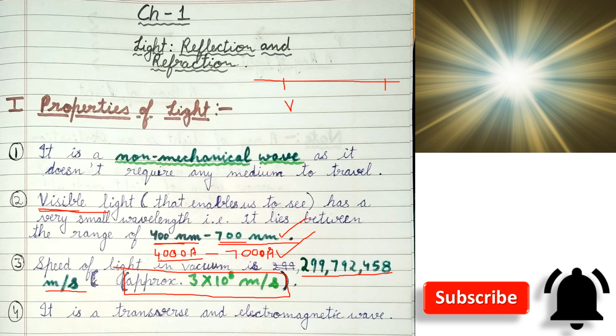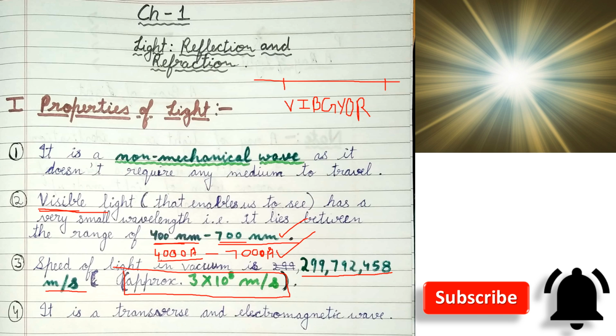So the colors are VIBGYOR: violet, indigo, blue, green, yellow, orange, and red.